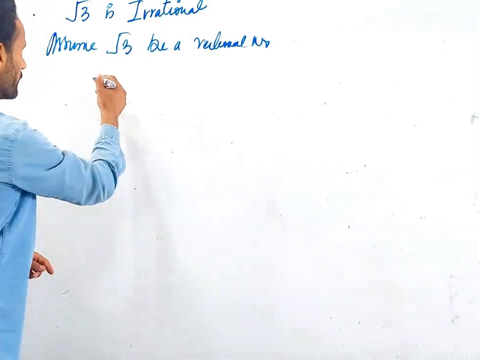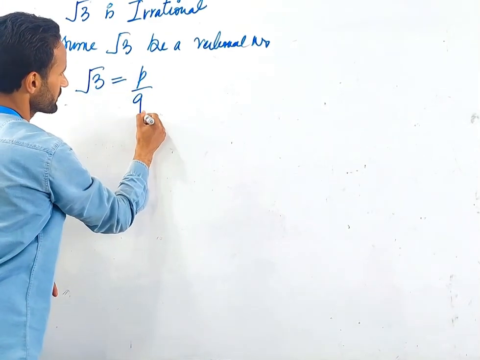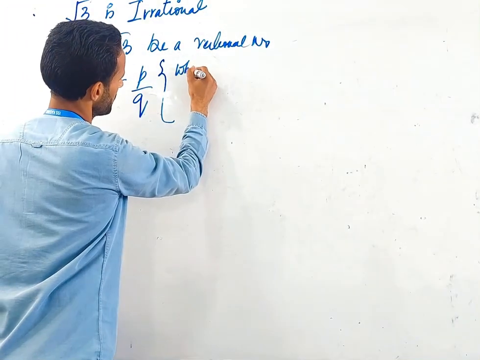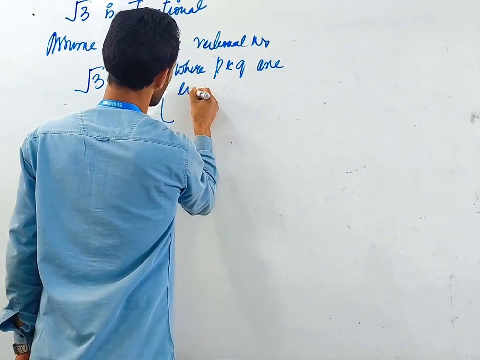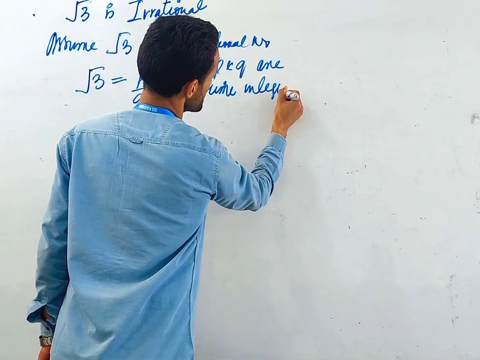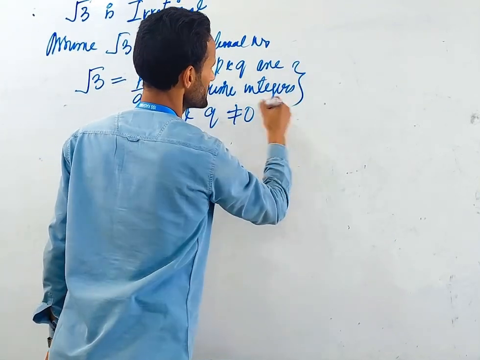That means root 3 can be expressed in the form of P by Q, where P and Q are co-prime integers and Q must not equal 0.